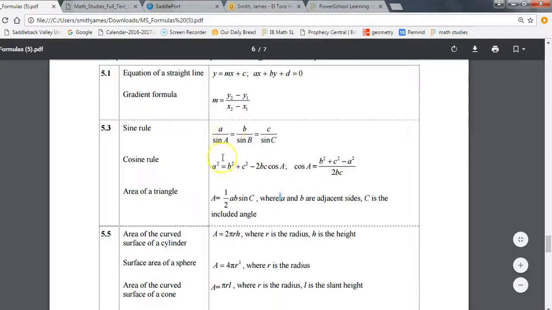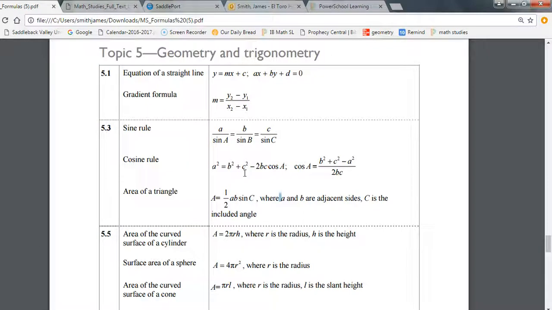Again, like with the other formulas, as far as A, B, and C, those are irrelevant. You may not see letters at all. You might see D, E, F, you might see X, Y, Z. It really doesn't matter. What matters is that you recognize that if this is side A, then this is angle A, meaning whatever this angle is, this has to be the angle across from that side.